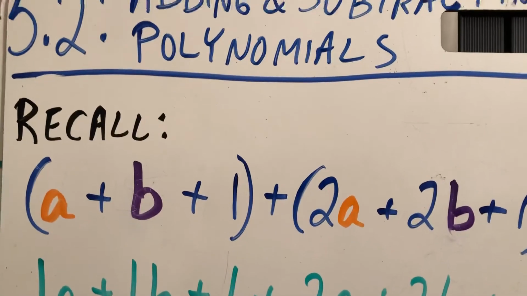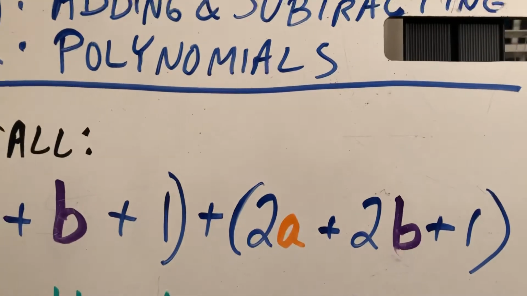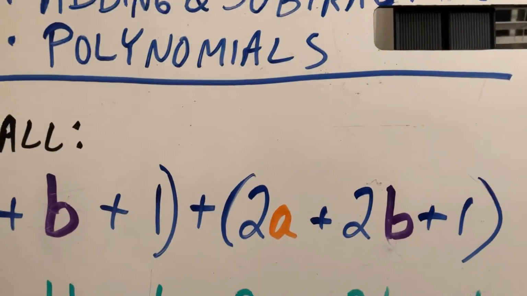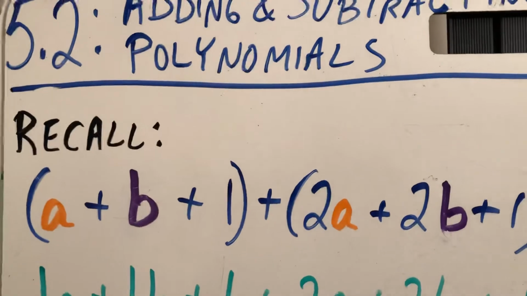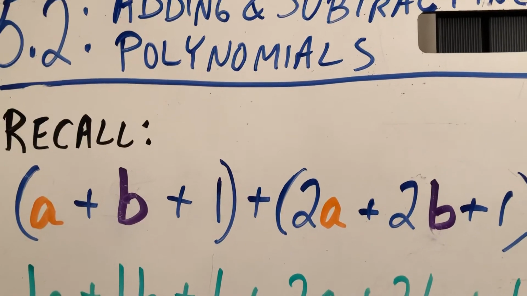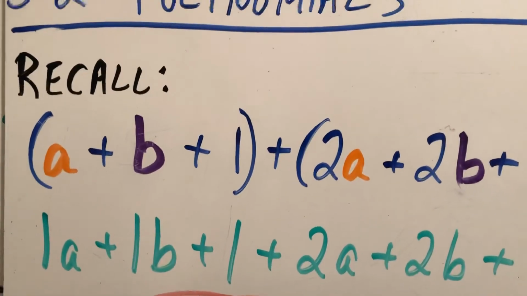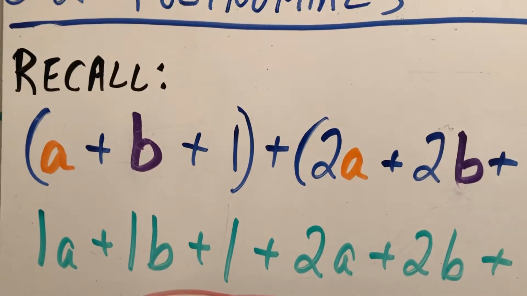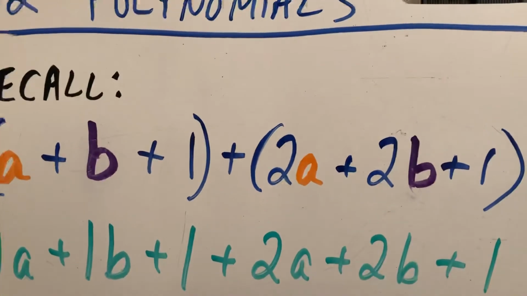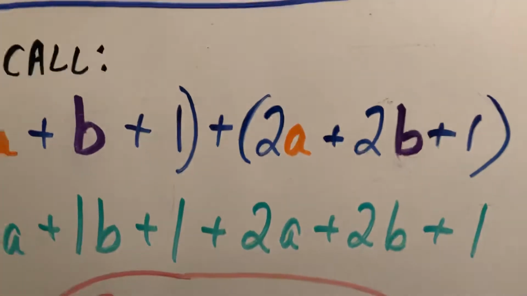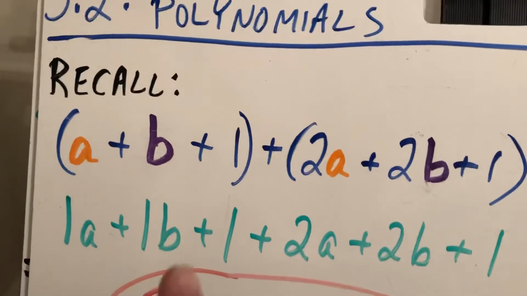a plus b plus 1 plus 2a plus 2b plus 1. I'm just going to take the parentheses away, and I'm going to get 1a plus 1b plus 1 plus 2a plus 2b plus 1. What am I going to do? I'm going to add the like terms.